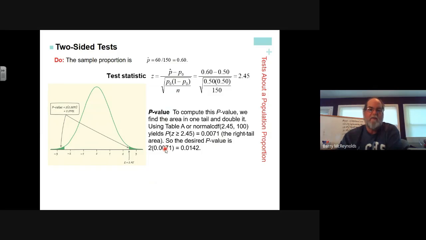And this is where drawing this sketch somewhere in this step will help you remember to multiply that by 2.